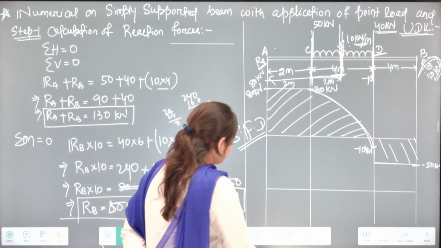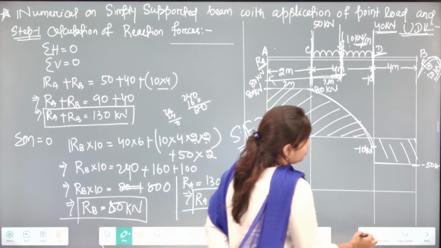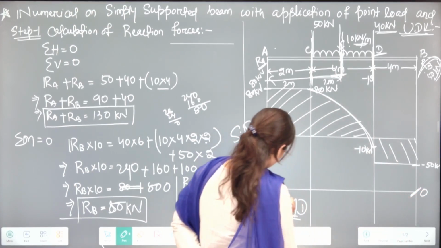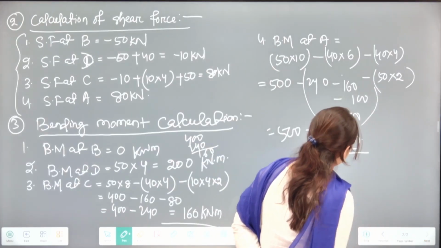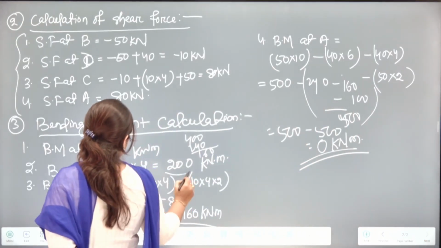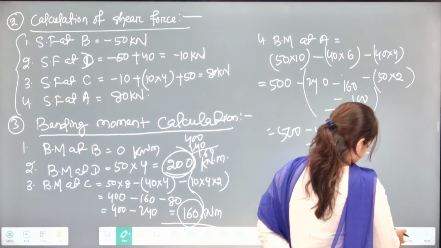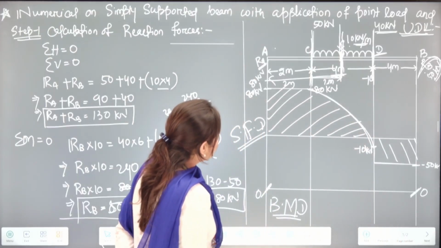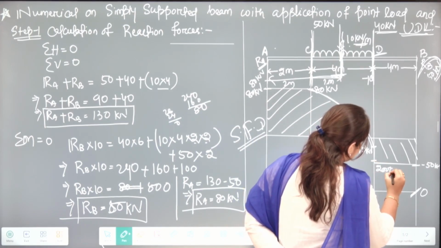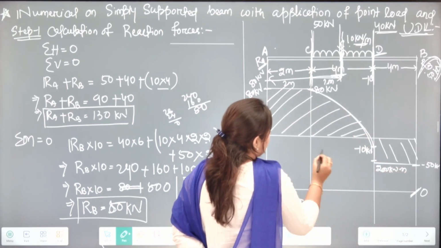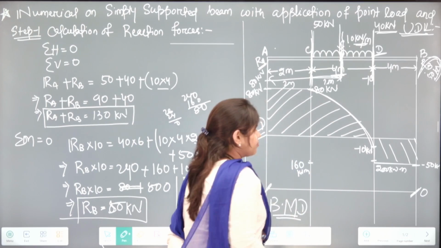Next, go for BMD. So at this point we are having 0, and here also 0. So let's check at point C and point D. Here we are having 200 and another is 160. Let's take this point as 200 kilonewton meter and this as 160 kilonewton meter.